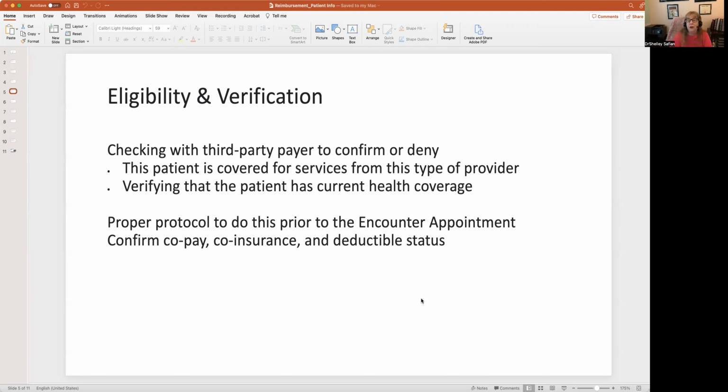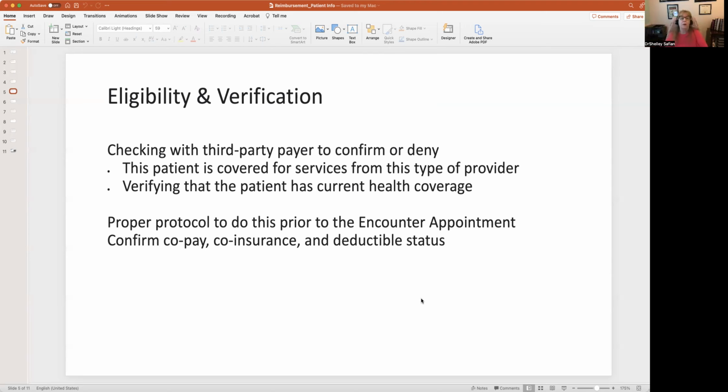So we have to find out, the office personnel of the physician's office or the hospital, do you have current valid health insurance, and does it cover this type of service?